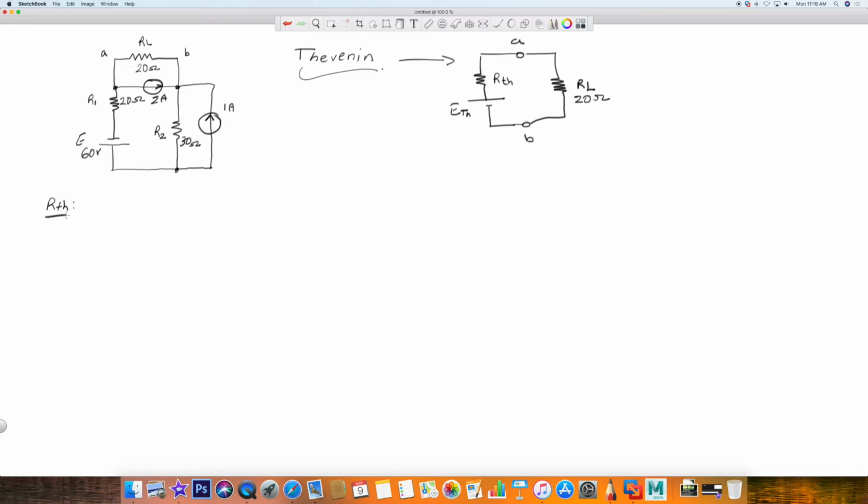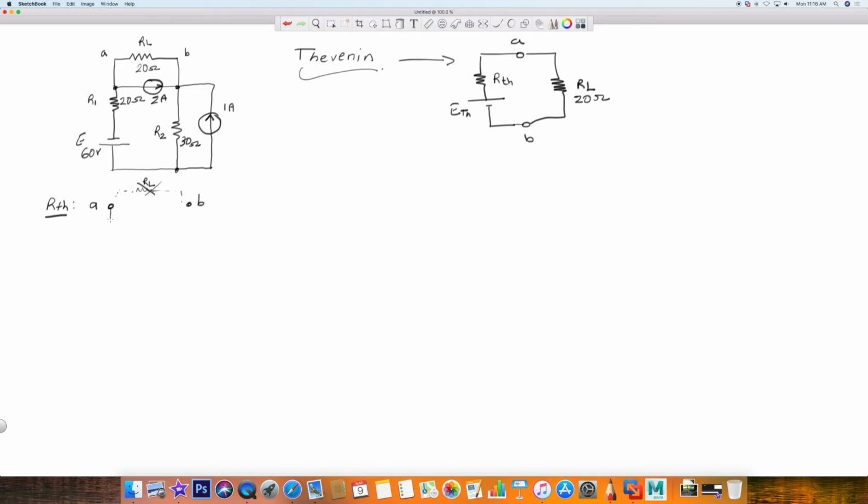So we will start with the equivalent internal resistance RTH. To do that, at any time you're doing Thevenin, we will remove the load, so the link between A and B is open.